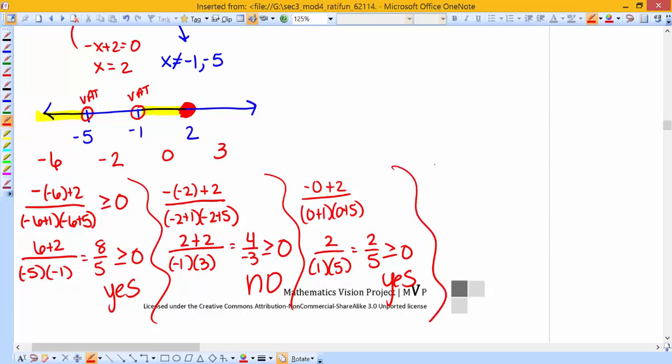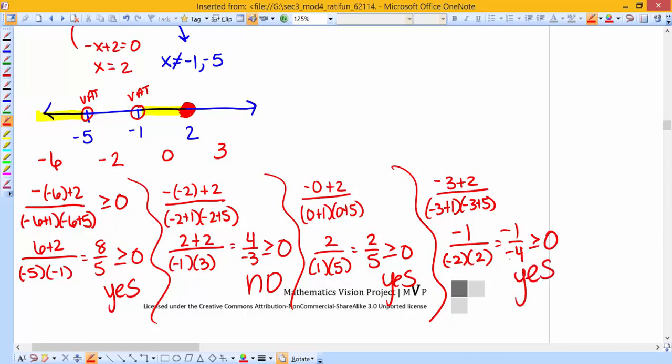And now I'm going to try 3. 3 plus 2, 3 plus 1, 3 plus 5. So let's see what this gives us. -1 for the numerator, -2, and we get +2, which gives us -1 over -4. Is that greater than or equal to 0? Yes, because I have two negatives that are going to end up going away.